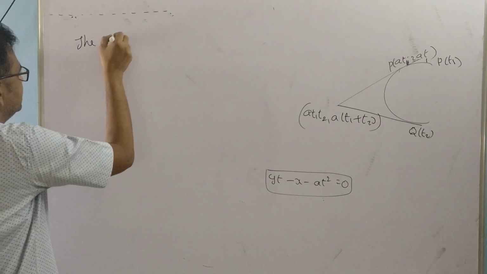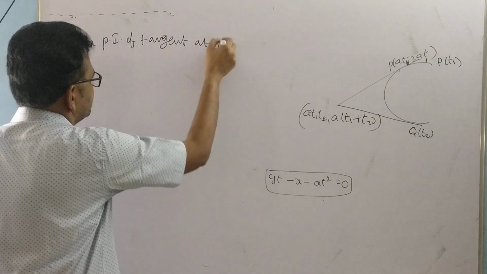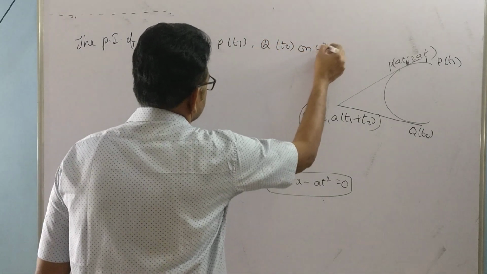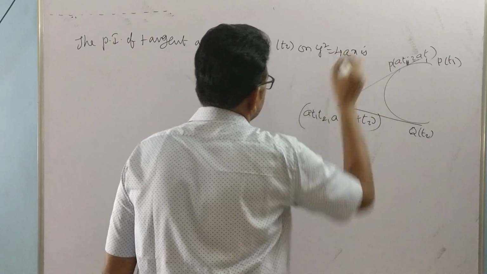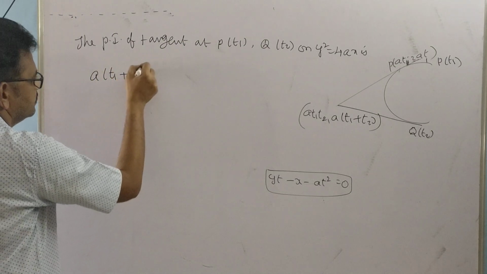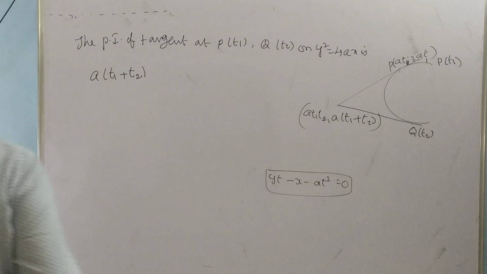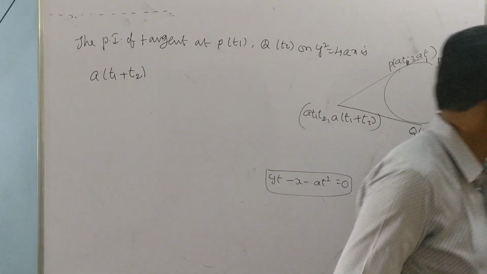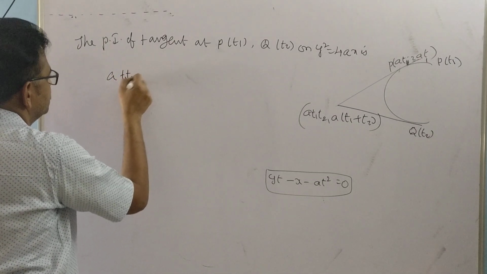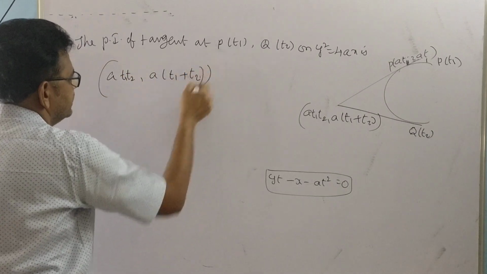The point of intersection of tangents at P, t1 and Q, t2 on y square is equal to 4ax is (a t1 t2, a into (t1 plus t2)). So this is the point of intersection of tangents at t1 and t2.